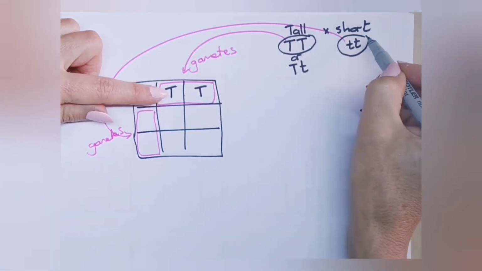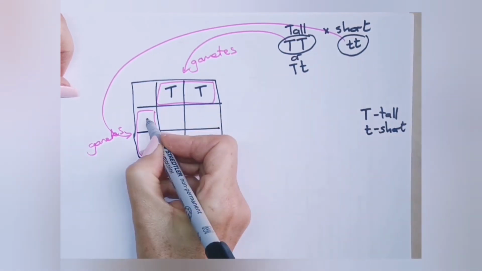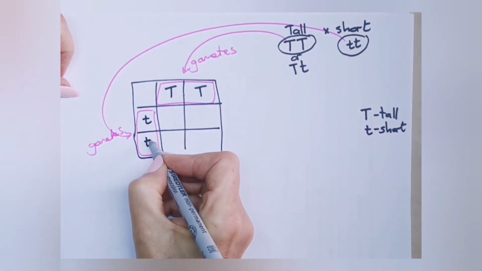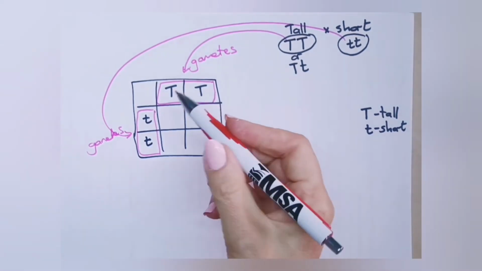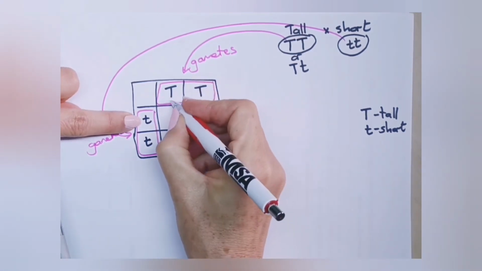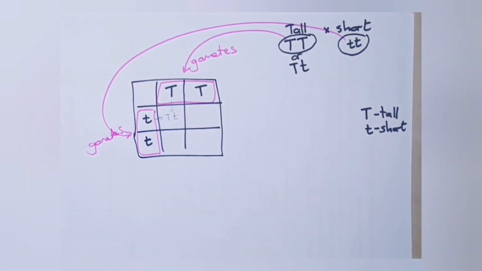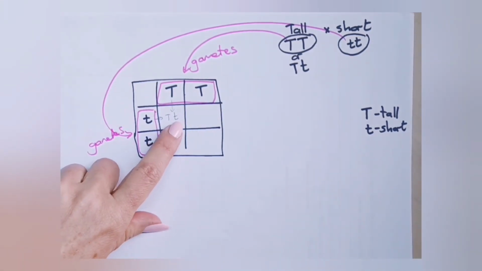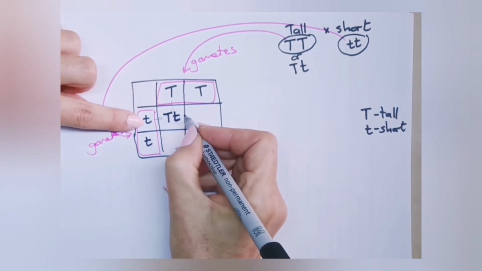The short plant, however, when it forms ovules or pollen grains and then sperm, all of them will receive little t's. And what we do then is we'll see if this pollen grain fertilizes that ovule. The seed that forms will actually have a big T and a little t. So the big T comes from the one parent, the little t from the other parent.